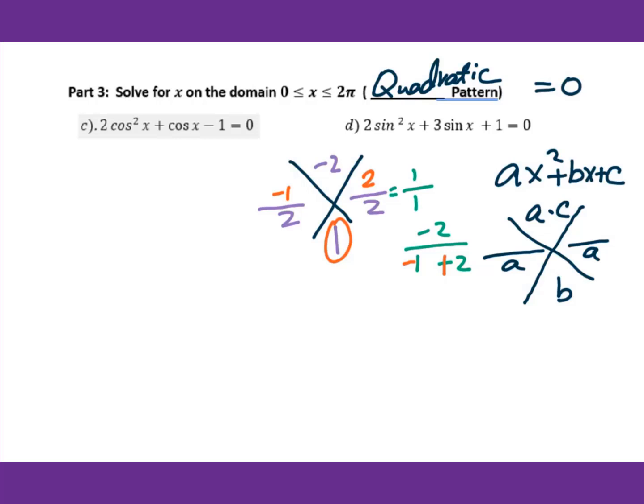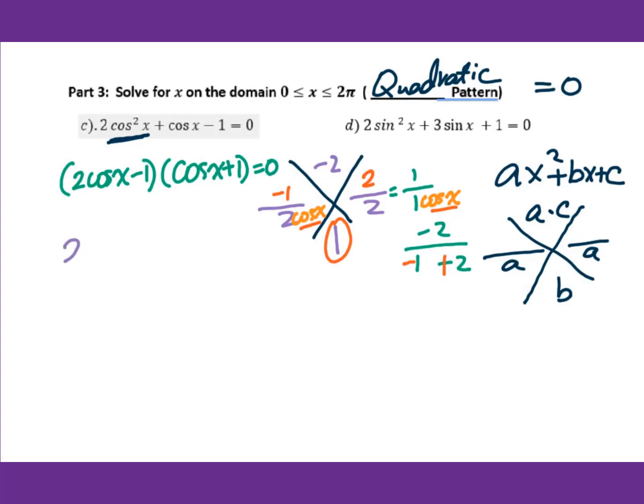Then what's the variable? The variable will be cosine x. Therefore, I will write down cosine x and cosine x, because cosine x times cosine x is cosine squared x. So we go bottom up, you will get 2 cosine x minus 1 and cosine x plus 1 equal to 0.